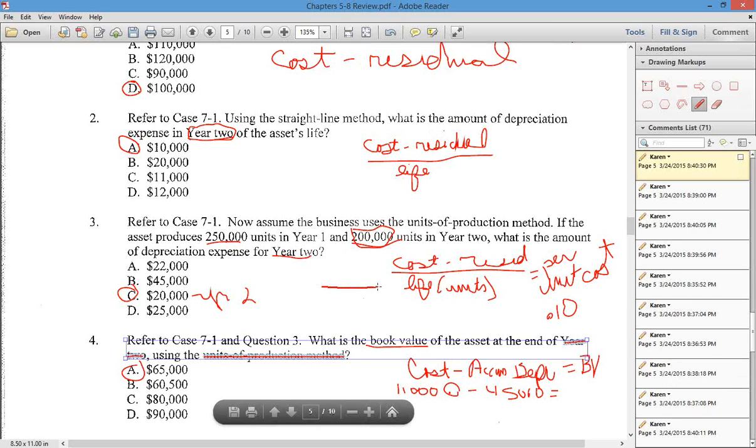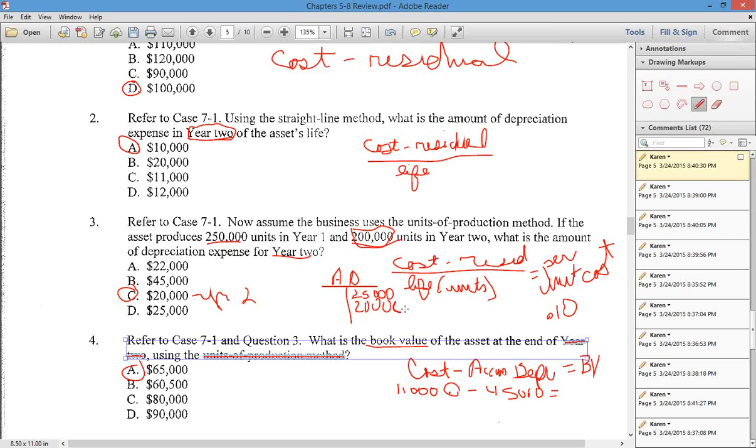So as we post those two entries into the T account, accumulated depreciation, year 1 would have had 25,000, and year 2 would have been 20,000 to equal 45,000.